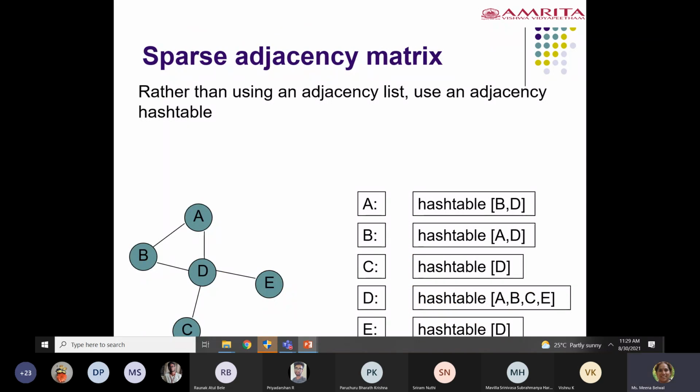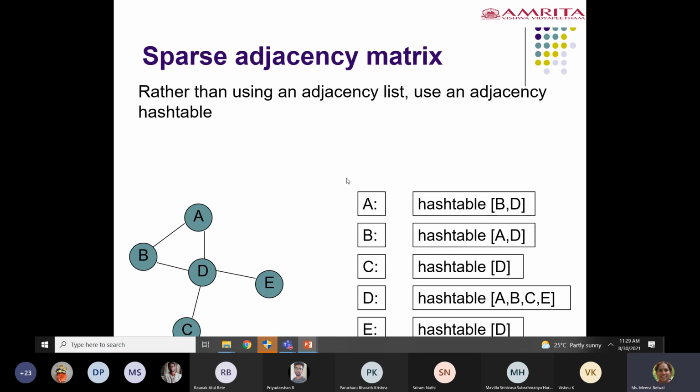We are calling it a matrix, but we are not making a matrix. But we are using a feature of the adjacency list. The adjacency list had a feature that corresponding to every node we have an adjacency list. Here we are saying that corresponding to every node, we have an adjacency hash table.